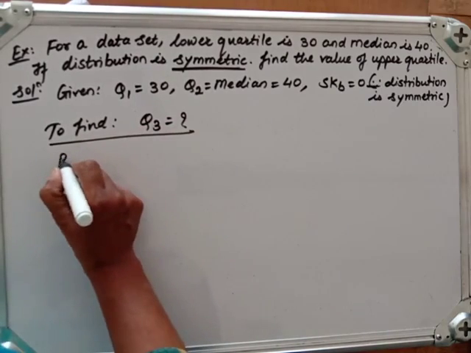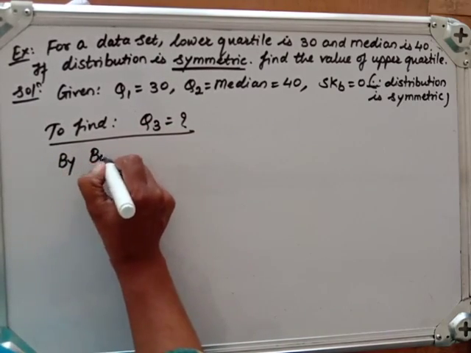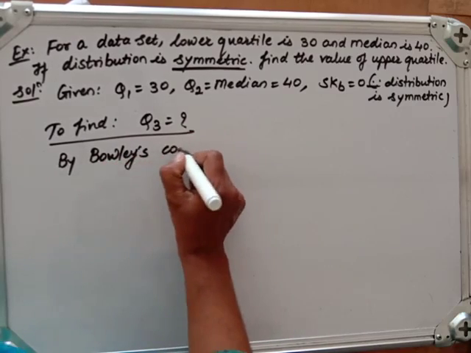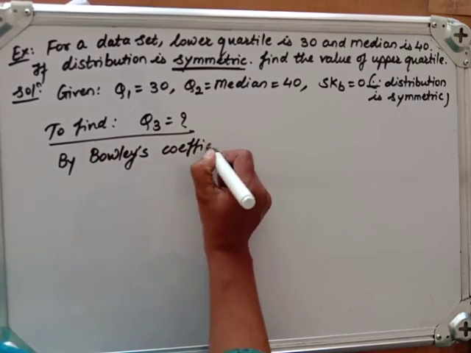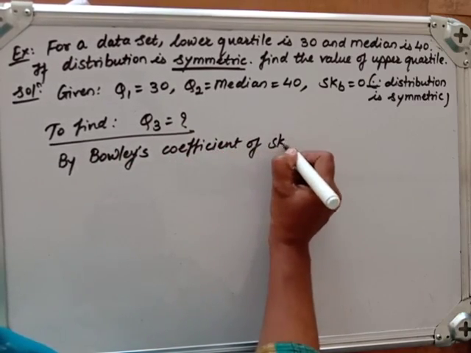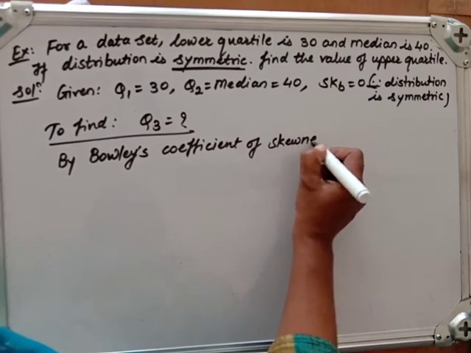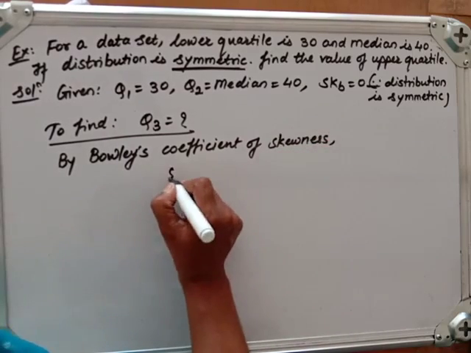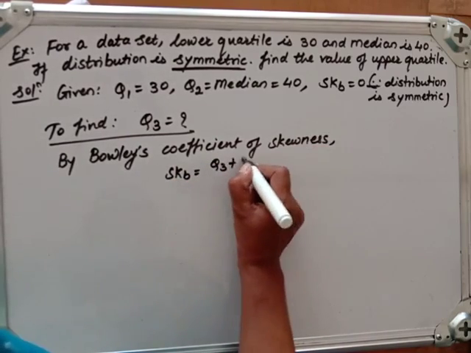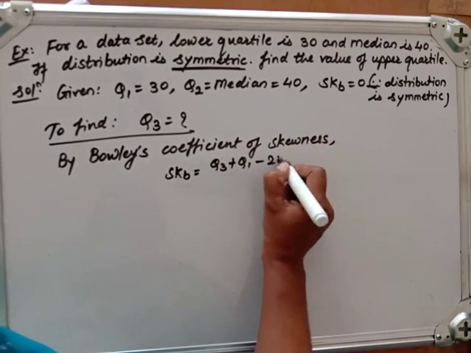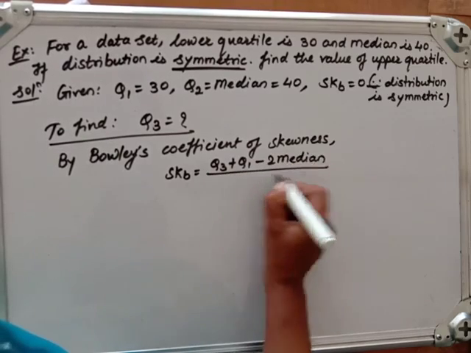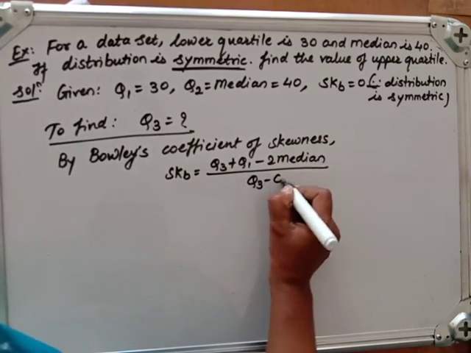Now by Bowley's coefficient of skewness, SKB is Q3 plus Q1 minus 2 times median upon Q3 minus Q1.